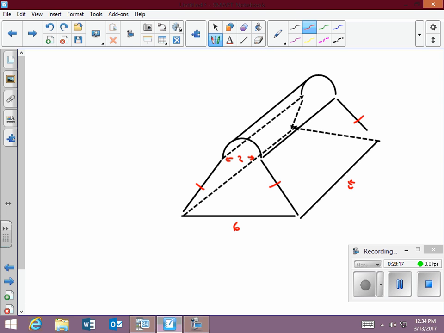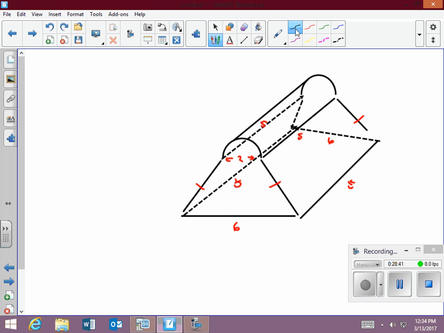So that probably saying this is 6, this is 5, this is 5, and this is 5.